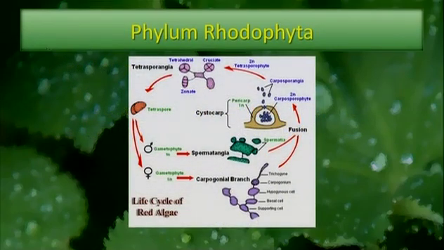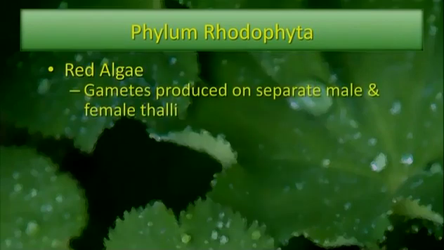Here is actually showing the tetrasporophyte, this part of the generation, and that occurs in this phase here to produce tetraspores. So meiosis occurs in the tetrasporophyte to produce tetraspores, and gametes, or male and female sex cells, are produced on separate male and female thalli. So you have a male gametophyte producing male structures, and a female gametophyte producing female structures.